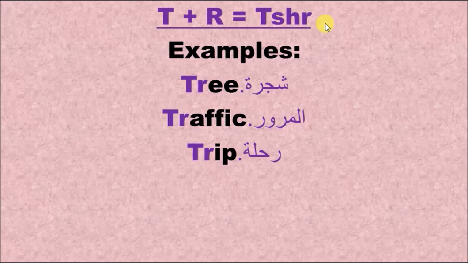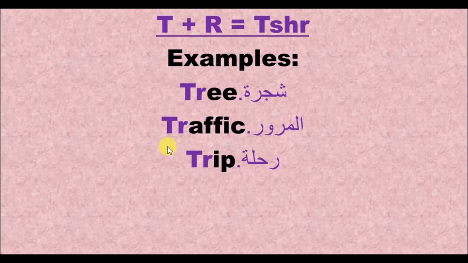Because I explained at the beginning of this course the sound R, and right now I'm explaining the sound T. So what if they come together at the beginning of a word? It will give you this sound, chur. So for example, I'm not saying tree, I'm saying tree. I'm not saying traffic, I'm saying traffic. I'm not saying trip, I'm saying trip. So this trick, guys, will significantly change your pronunciation.